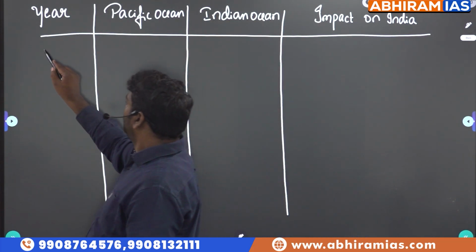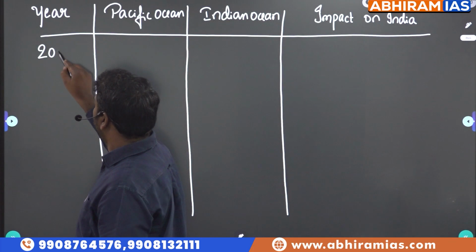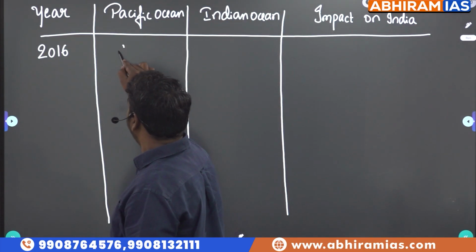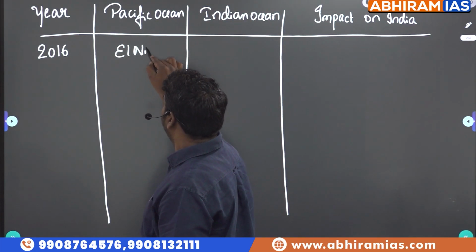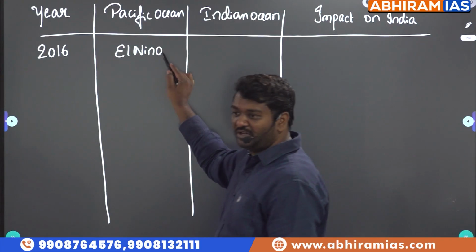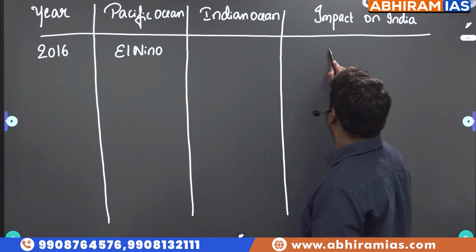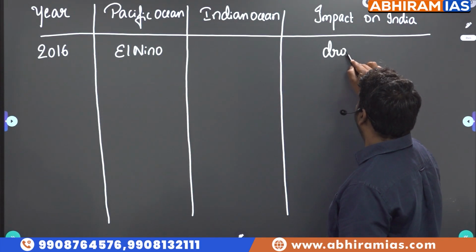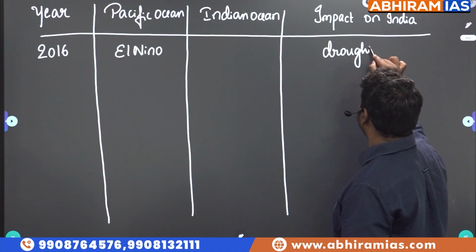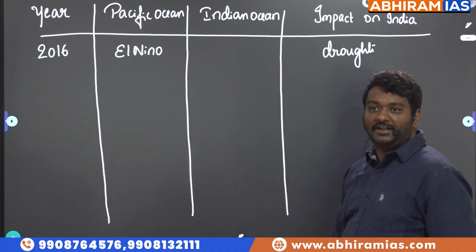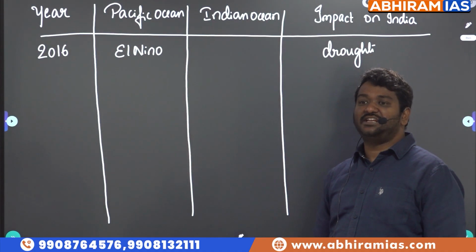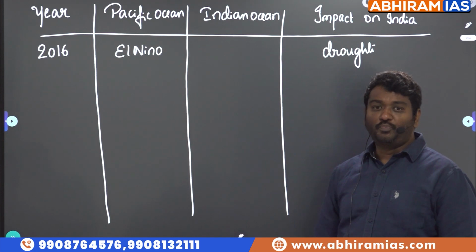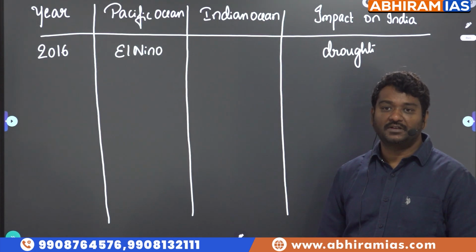In 2016 there was El Nino in the Pacific Ocean. India had the worst droughts. Till date, 2016 is considered as a year to prove that global warming is real.